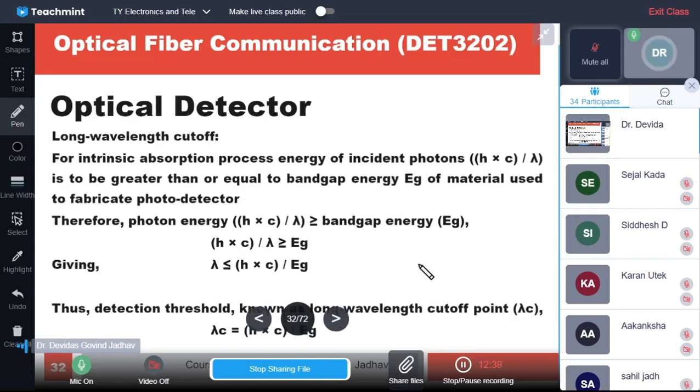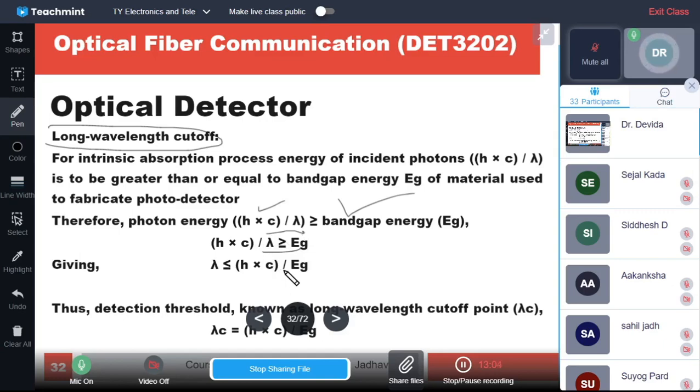So the long wavelength cutoff can be defined as photon energy Hc upon lambda always being more than or equal to band gap energy Eg. So Hc upon lambda is more than or equal to Eg. Taking Eg to this side and lambda to the other side, the denominator lambda goes into the numerator. So lambda is less than or equal to Hc upon Eg.